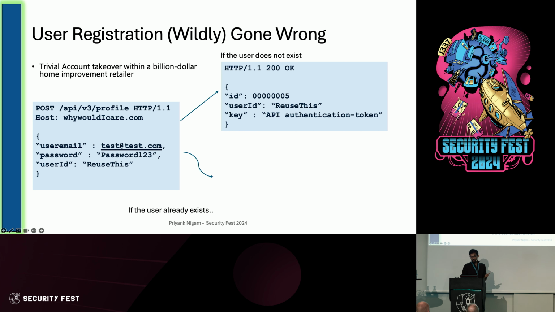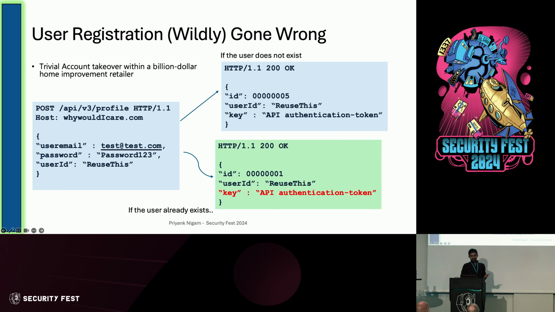Which is good, right? However, if the user already existed, I would get an ID, a user ID, and an authentication token. I was like, I don't know, what's wrong, right? So I started testing. Whether this authentication token is actually useless, might be dummy, who knows, right? Because services do a lot of stuff for default user accounts.